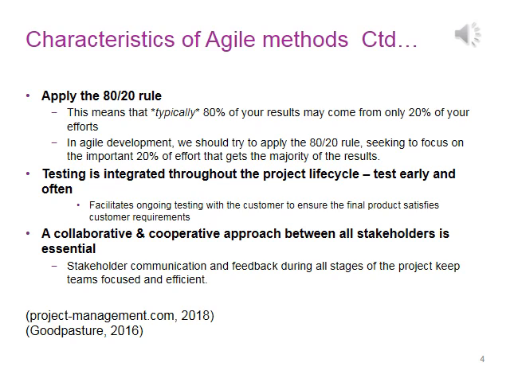Next, just to elaborate, collaboration and cooperation between all stakeholders is essential. This communication and feedback during all stages of the project will keep the team as focused and efficient as possible. Again, probably trying to hone in on that 20% of your effort that will get the most results.